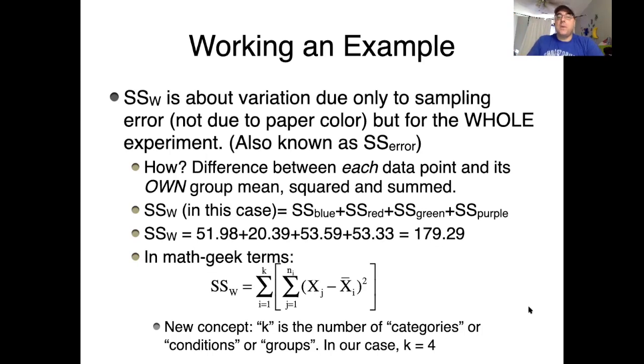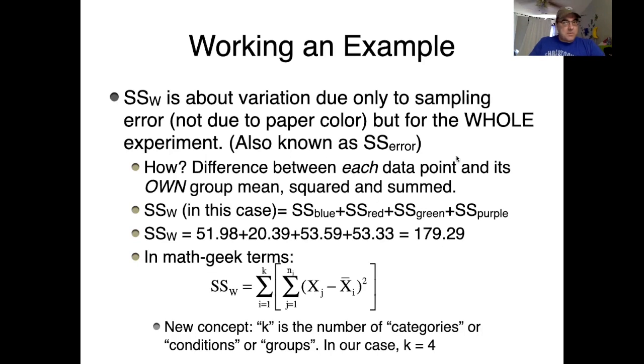So what we end up doing is taking the difference between every individual data point in this entire study and comparing it to the mean of its own group. We then square that value and add them all together. So we will have to do this little thing 37 times.